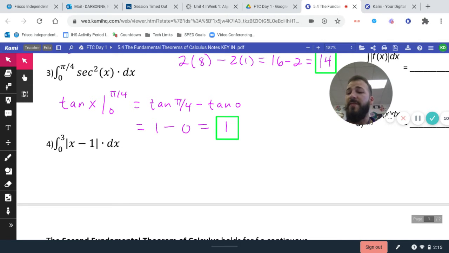Because we can't actually integrate them traditionally, we have to think about what is the shape of this function that we're actually integrating. So I'm going to take you over to our graph real quick.